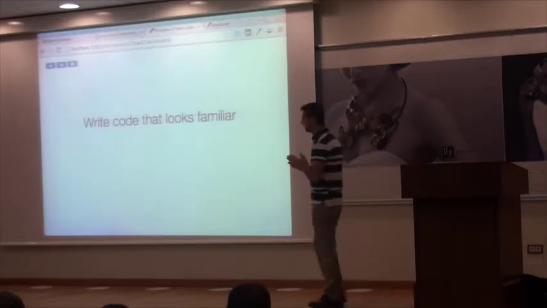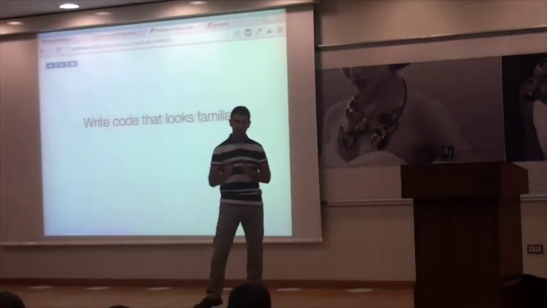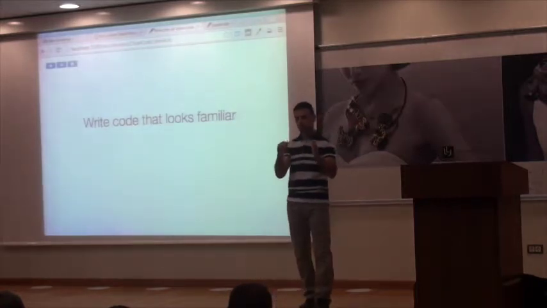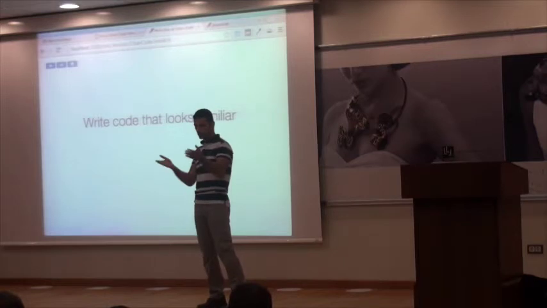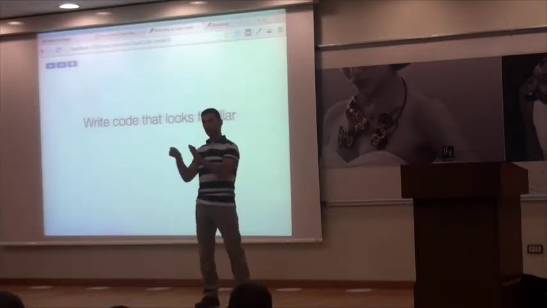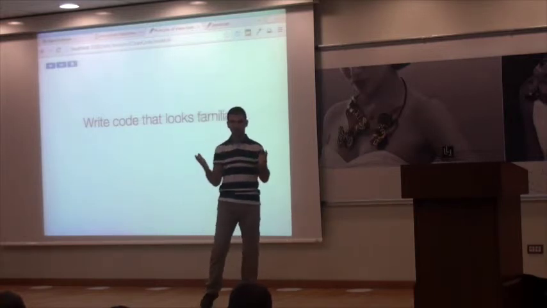So the second part is to write code that looks familiar. Here's what I mean by this. If in one function you wrote code where you're using the dollar variable, and the dollar variable, at least in JavaScript, is usually jQuery, we kind of studied this. If you have another function where you have the dollar variable, don't have it be something else. The reason for this is it's weird.